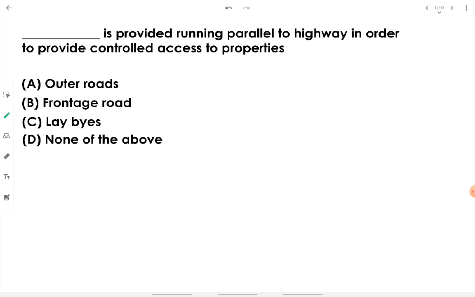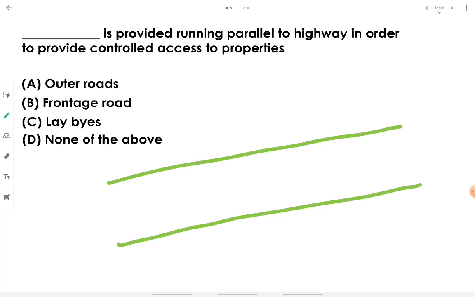Then, fill in the blank: what is provided running parallel to the highway in order to provide controlled access to properties? Yes, it is called a frontage road. For example, this is the main speedway highway we are talking about. Then there will be a parallel lane which will provide some access to go to the nearby vicinity, nearby civilization, or nearby industrial development area. These roads run parallel.